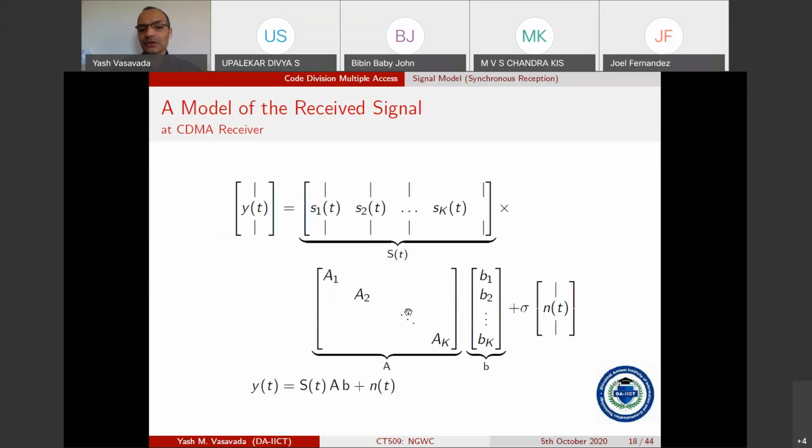The amplitude of different users, I'm making them to be a diagonal matrix called A. And the symbols that are transmitted synchronously by K users, I am collecting them into this vector B. And so Y of t became S of t times A times B plus the noise.